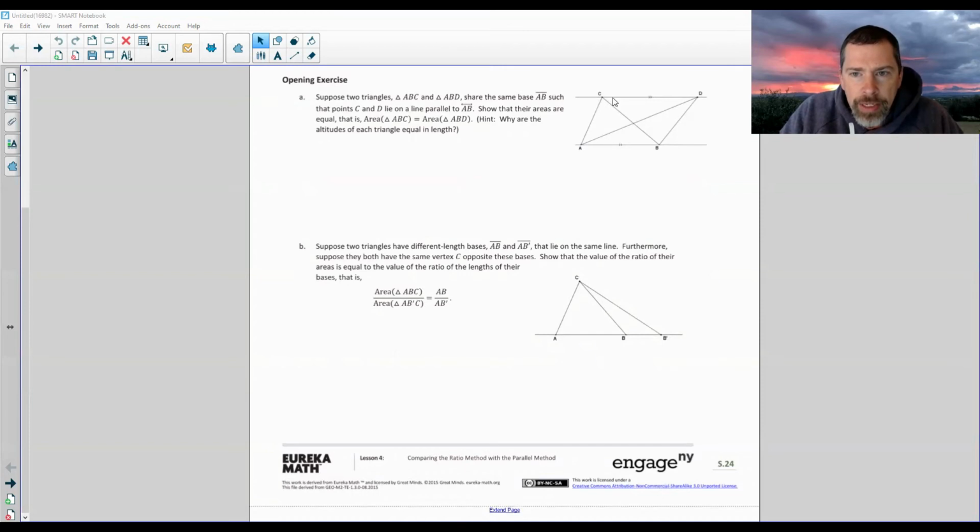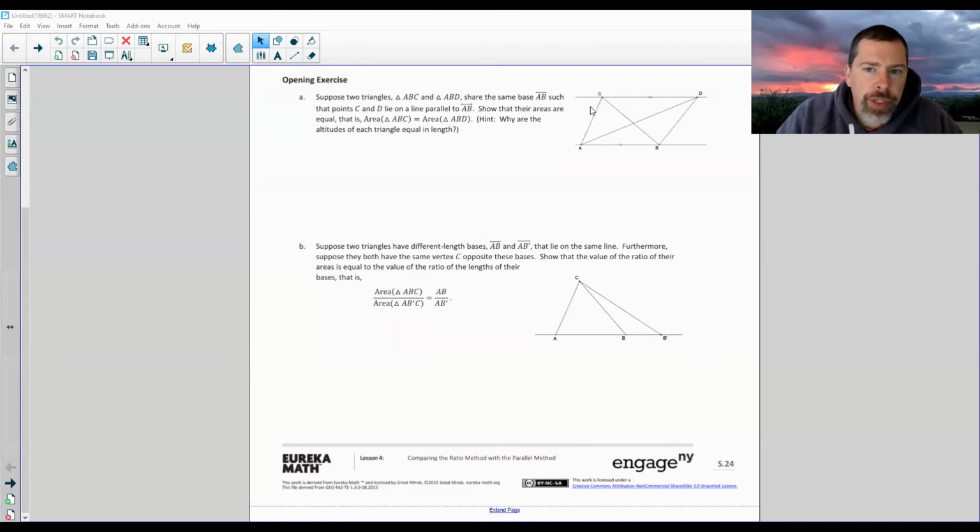So AB and CD are parallel lines. Show that their areas are equal. That is, the area of triangle ABC equals the area of triangle ABD. Hint: why are the altitudes of each triangle equal in length?